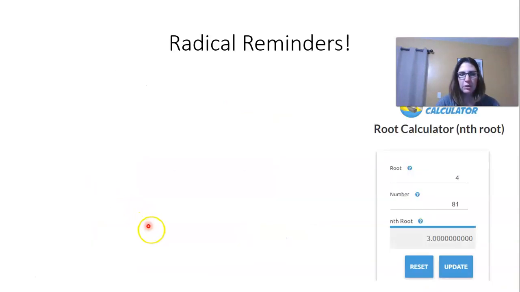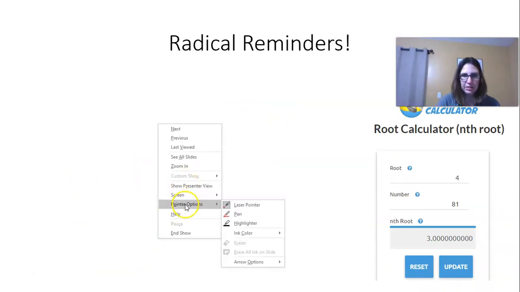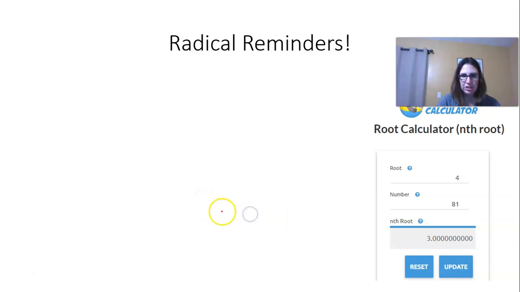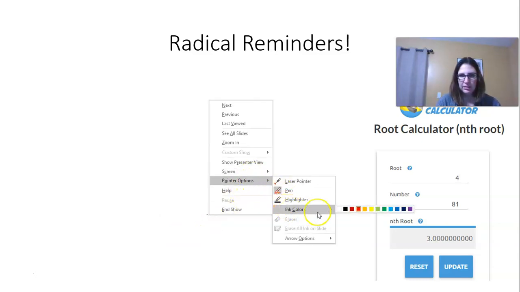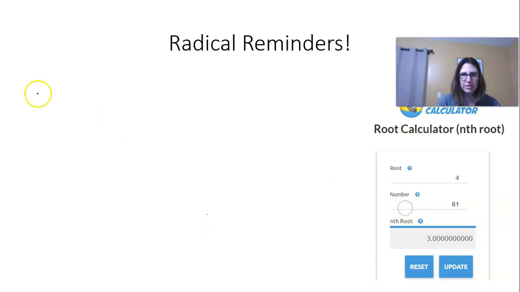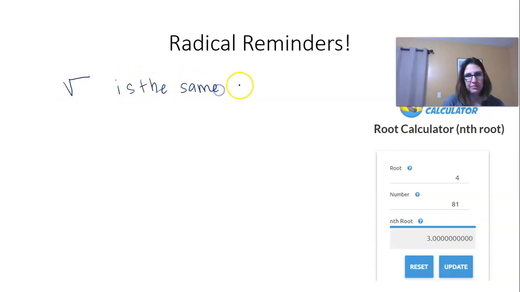Okay, so I want to give you guys a couple of reminders here. Let me change it to my pen. A couple reminders. The first thing I need you guys to remember is that this is the same as this.